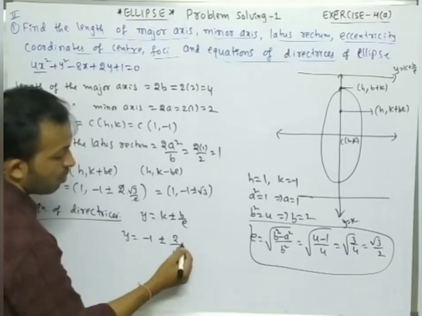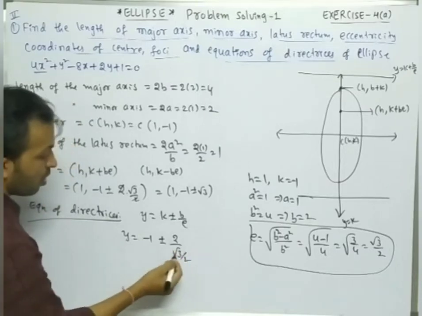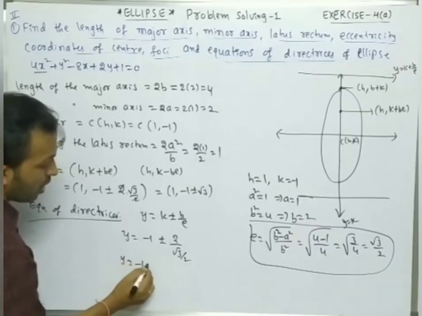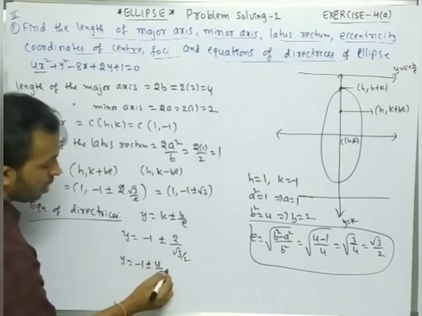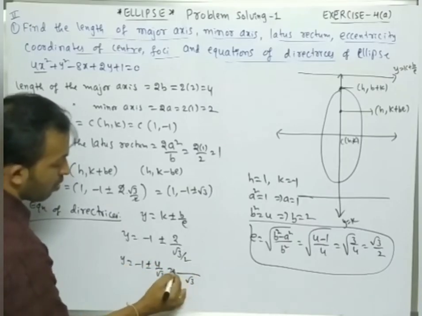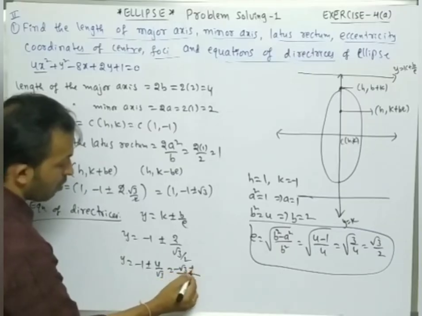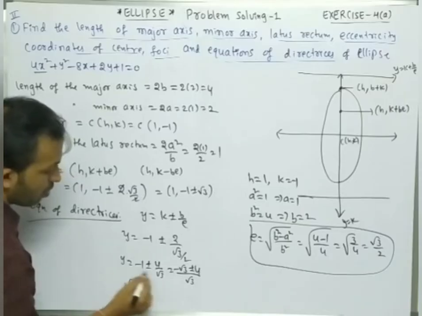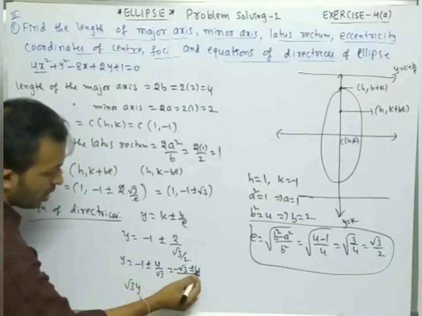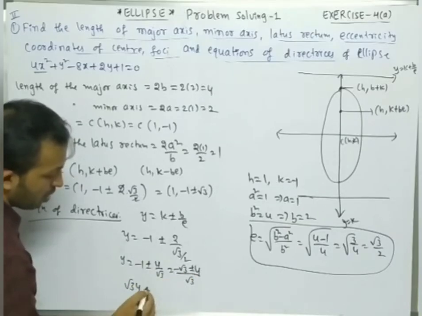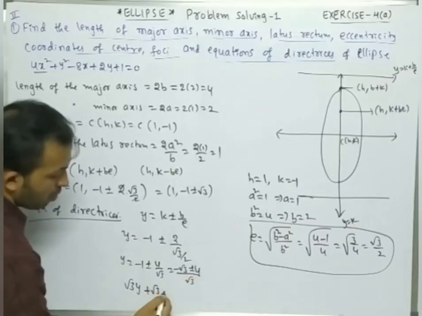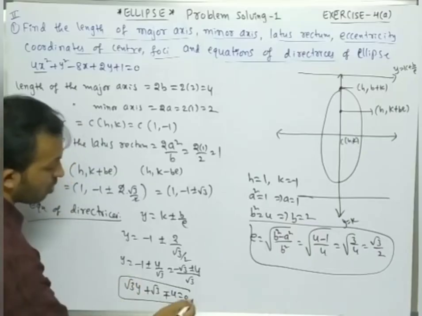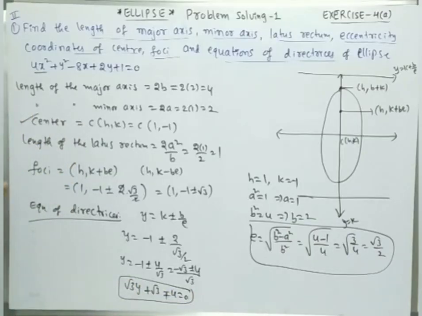So y is equal to minus 1 plus or minus 4 by root 3, that means minus root 3 plus or minus 4. Root 3 into y, root 3 y, bring minus root 3 to the left side, that is plus root 3 y plus root 3 minus 4 equal to 0, and root 3 y plus root 3 plus 4 is equal to 0. So these are the two equations of directrices.